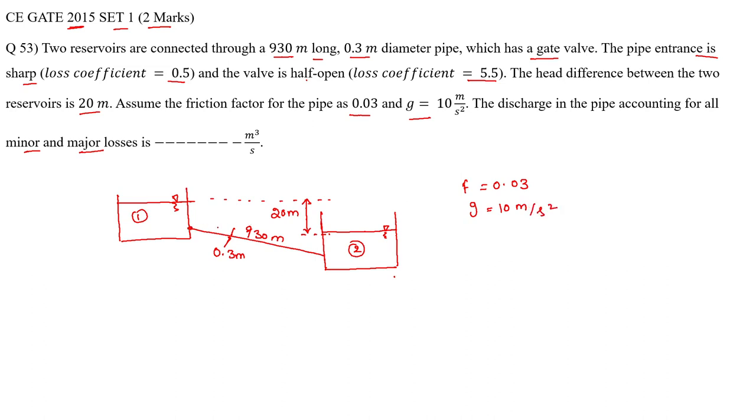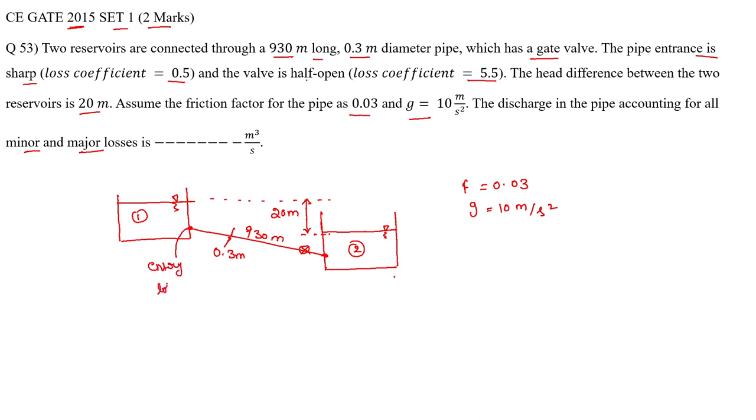There is a gate valve also here, so can you briefly mention what types of losses we can observe when the flow takes place from reservoir 1 to reservoir 2? You can volunteer here. Entry loss, correct.